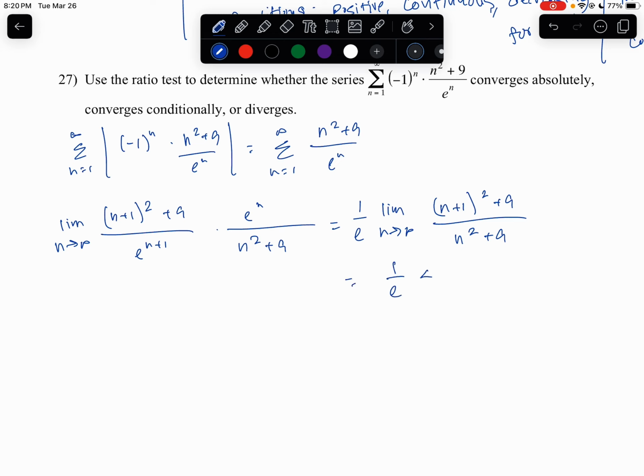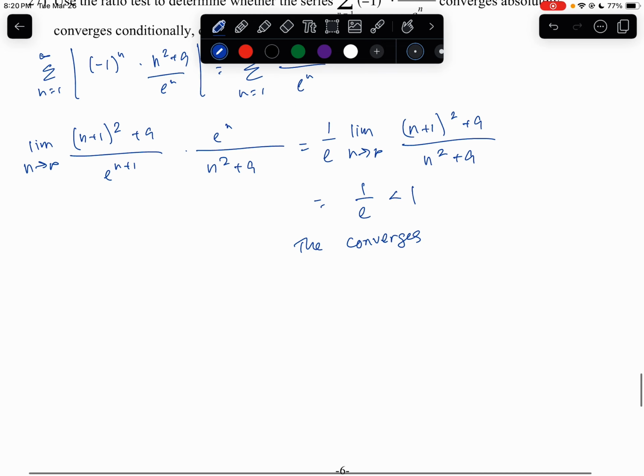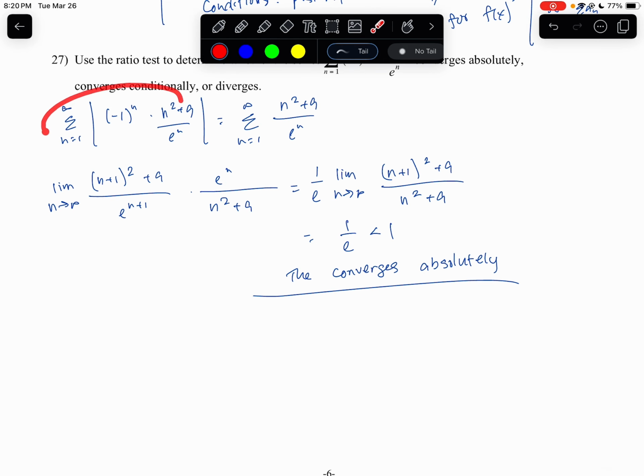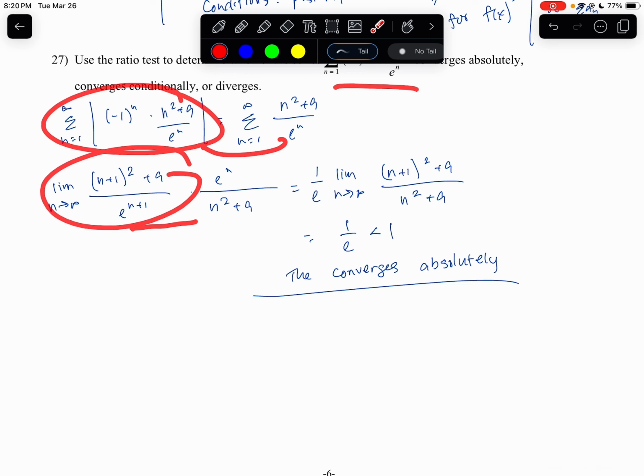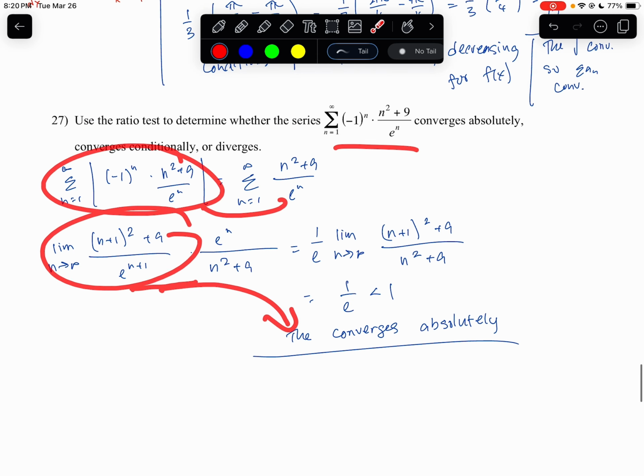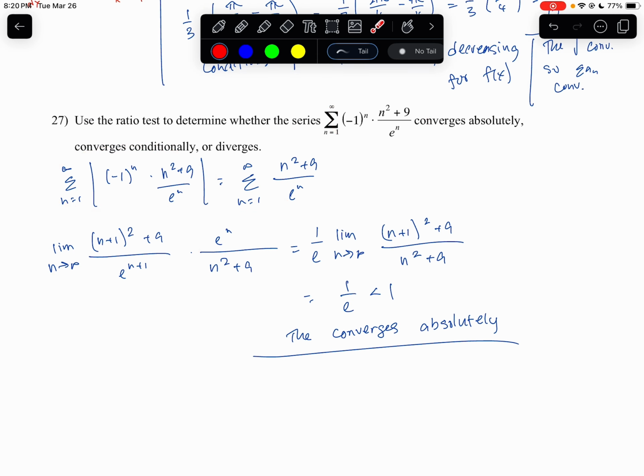And this is less than 1, so therefore the series converges. And it converges absolutely, because we tested the absolute value of this series right here. The absolute value of my series converges. Therefore, this series has to converge absolutely.